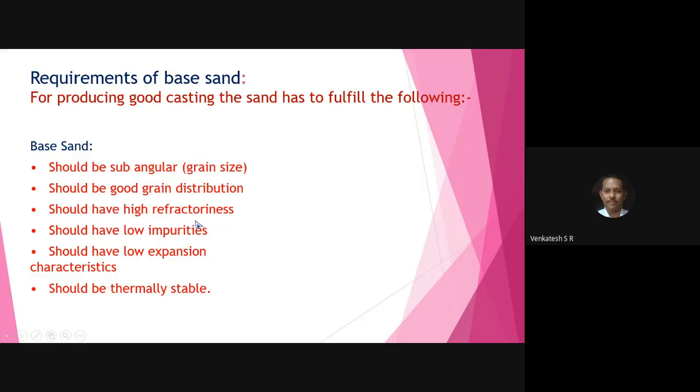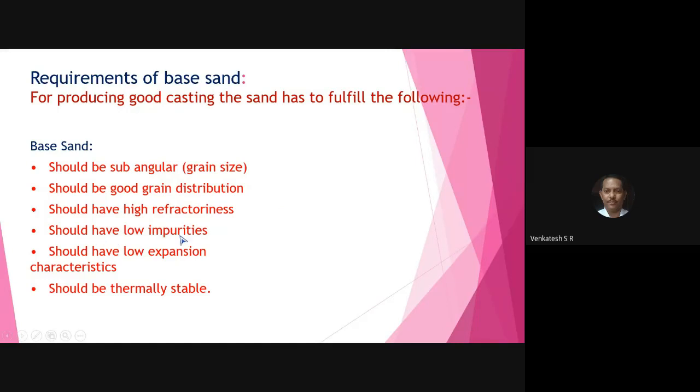The high refractoriness is very, very important. That is nothing but withstand the high temperature, because the high heat which is coming from the liquid metal should be present in the grain sand.